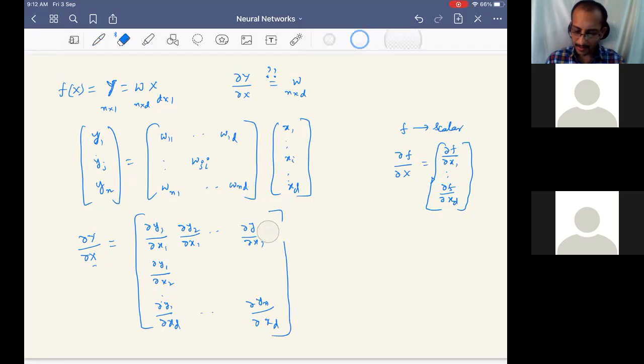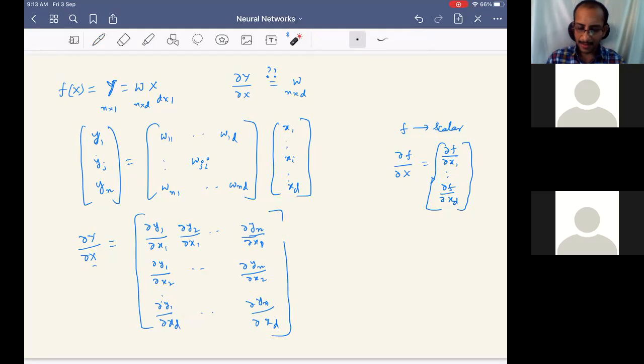Is it fine or not? The second row will be differentiation with respect to x2. The change in x2, how is that affecting y1, y2 up to yn? Similarly, change in xd, how is it affecting up to yn?